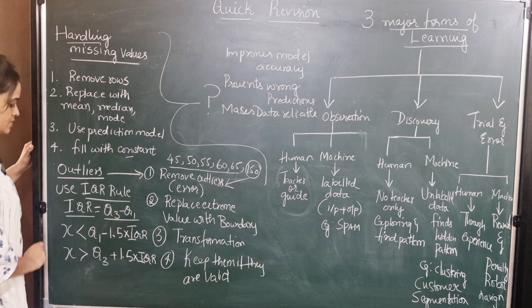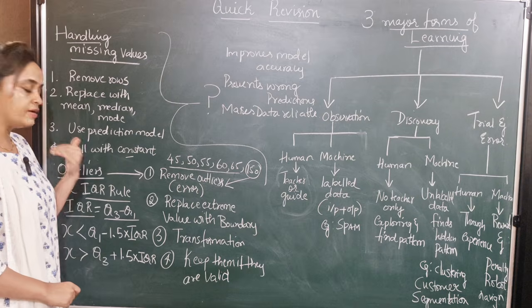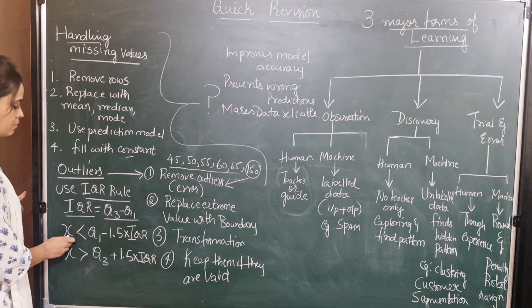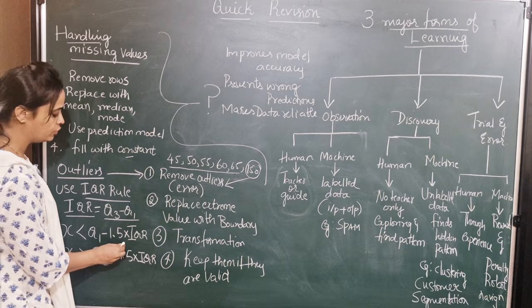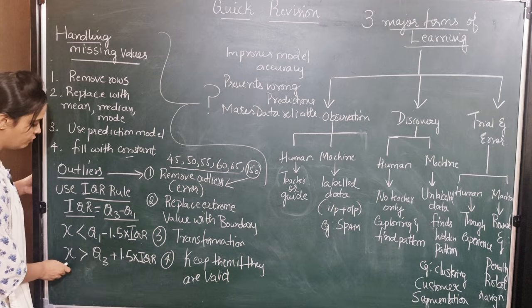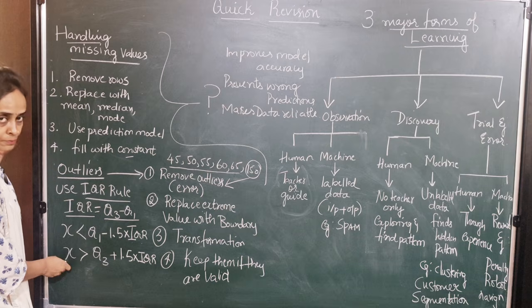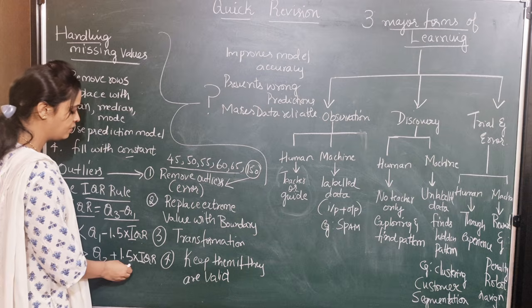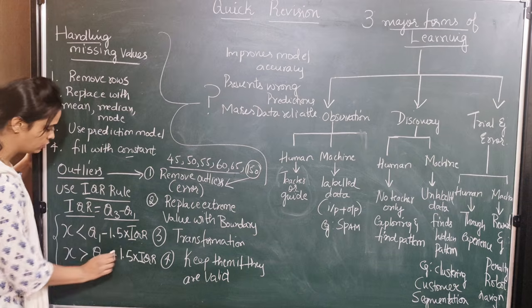If we want to find the range which is below a certain value, the formula is Q1 minus 1.5 into IQR. Another formula, to know the range which is greater than the given value, is Q3 plus 1.5 into IQR. Now, these two formulas, just make a note.